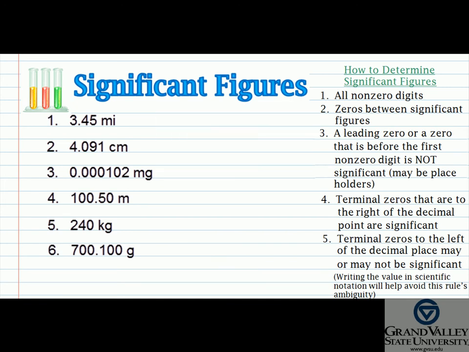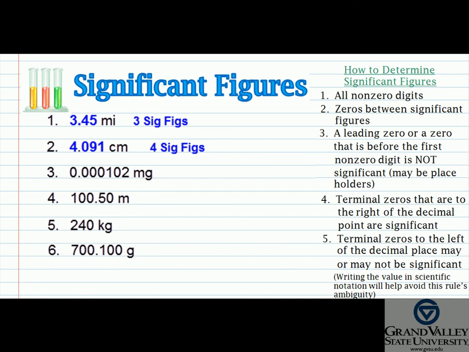For problem number 1, there are 3 significant figures because according to the first rule, all non-zero digits are significant. Number 2 has 4 significant figures. The numbers 4, 9, and 1 in this value are significant according to Rule 1. The 0 is a significant figure because the second rule states that zeros located between significant figures are considered significant.